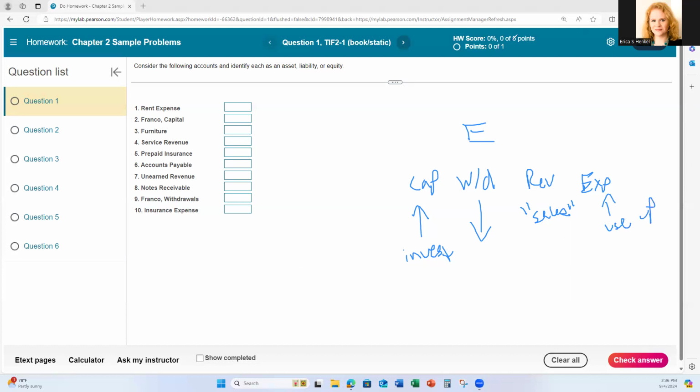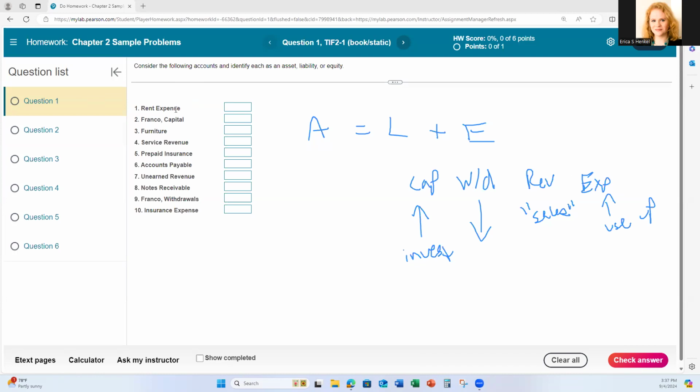All right, so with that in mind, let's go through these different accounts and review how they would fit into our various account types. Again, I'll just put our assets equals liabilities plus equity, okay? So what we're looking for is, is this an asset, a liability, or equity? Well, we know that everything over here fits under equity.